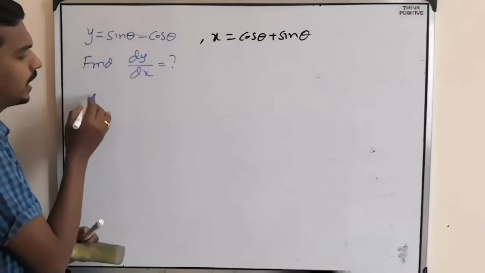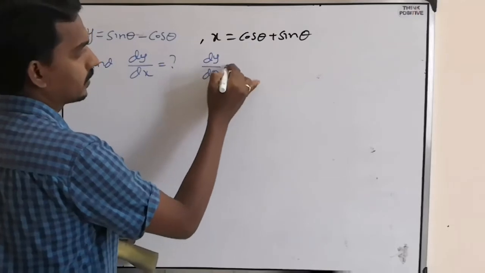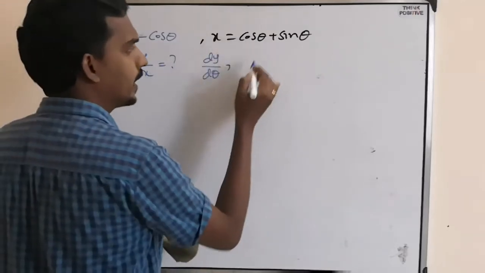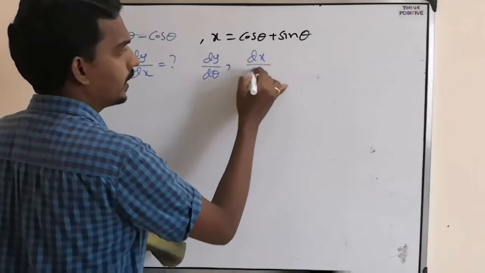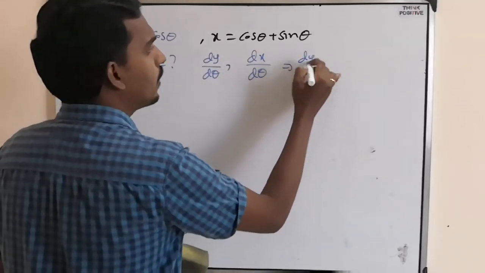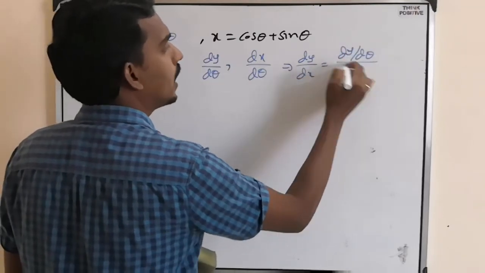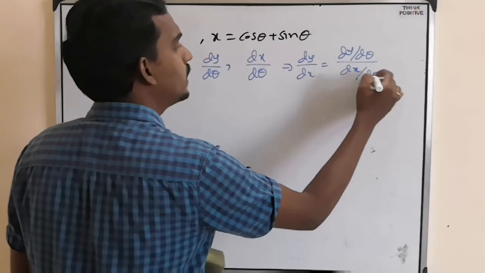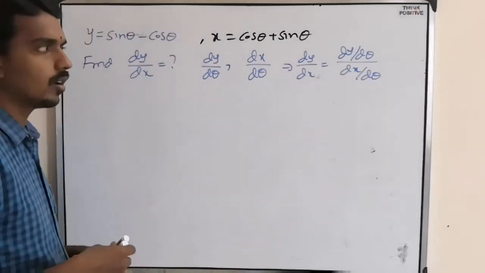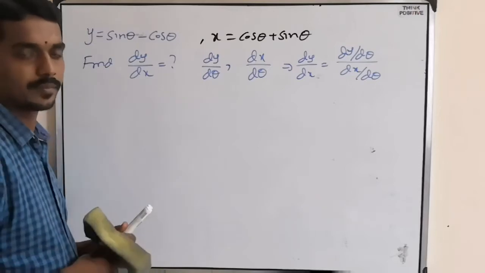As y depends on theta, you can find dy by d theta. As x depends on theta, you can find dx by d theta. Then dy by dx equals dy by d theta divided by dx by d theta. This is called a manipulation based question.